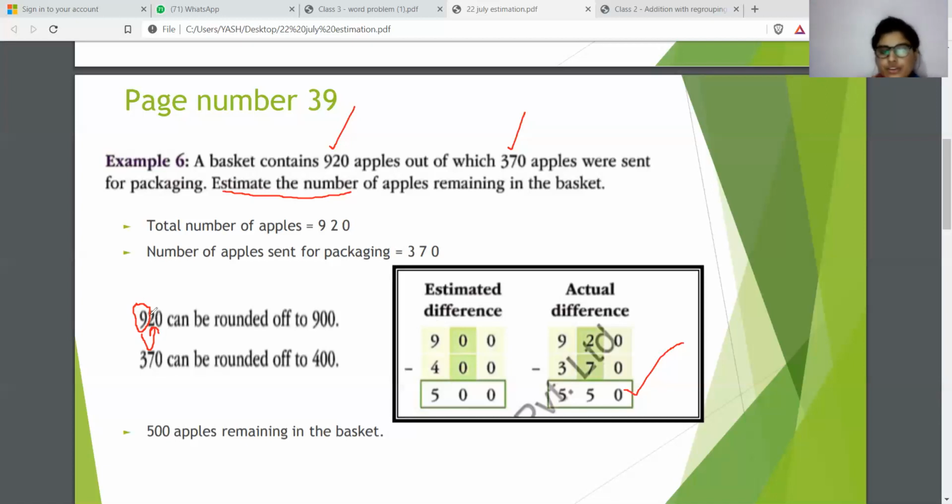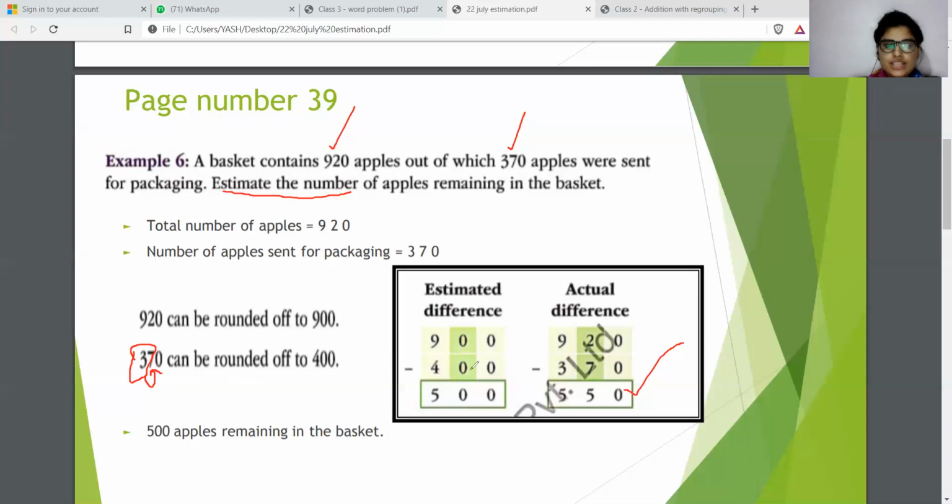Now we will round off 370. How can we do this? First you need to highlight the hundreds place, 3. Now you will see the right side digit of the hundreds place, 7. Is 7 greater than 4? Yes, 7 is greater than 4. So we will add 1 to 3. 1 plus 3 is 4.